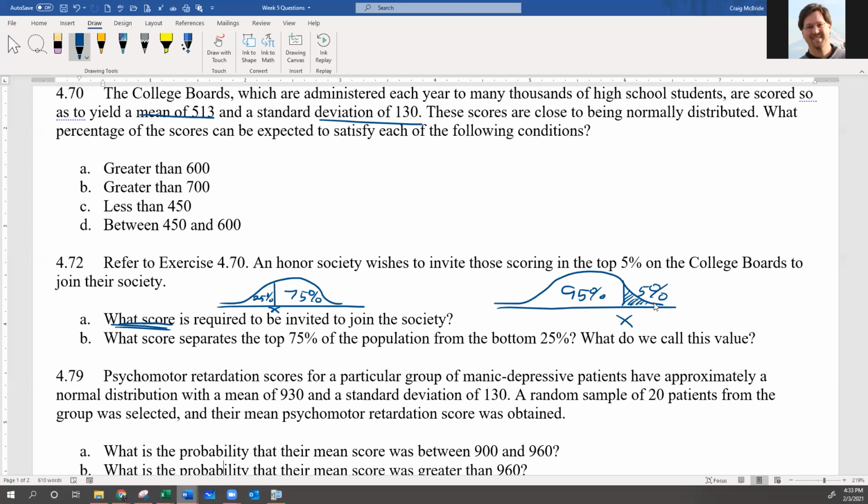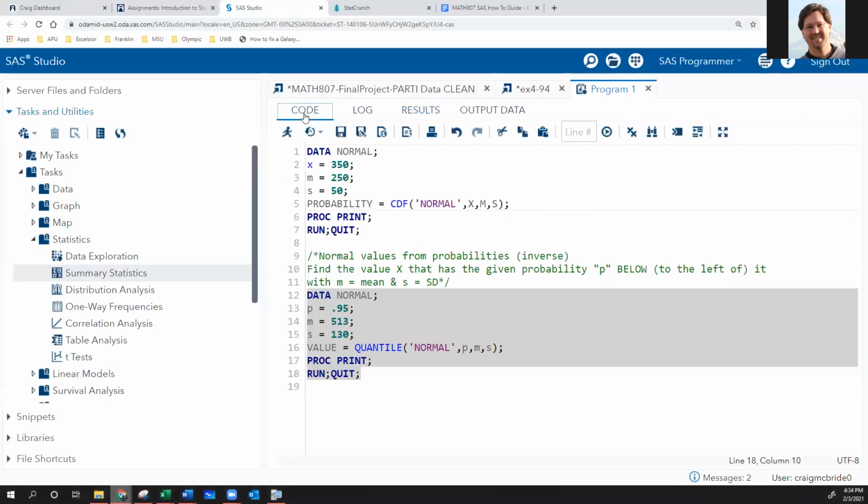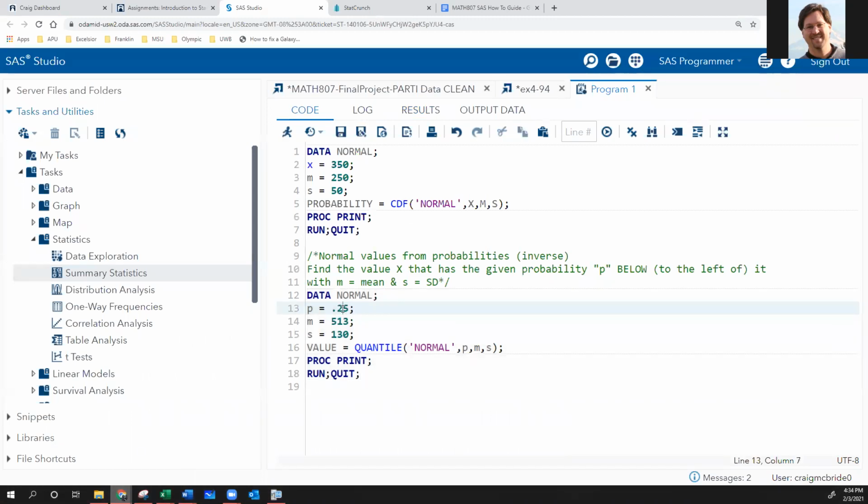Well, we call that the lower quartile because it's the first quartile, because it separates the first 25% from the rest of our data. And we would figure this one out with the exact same program, the exact same code. The only difference is instead of having 95% of the data below it, we only want 25% of the data below it because we're looking for that first quartile.